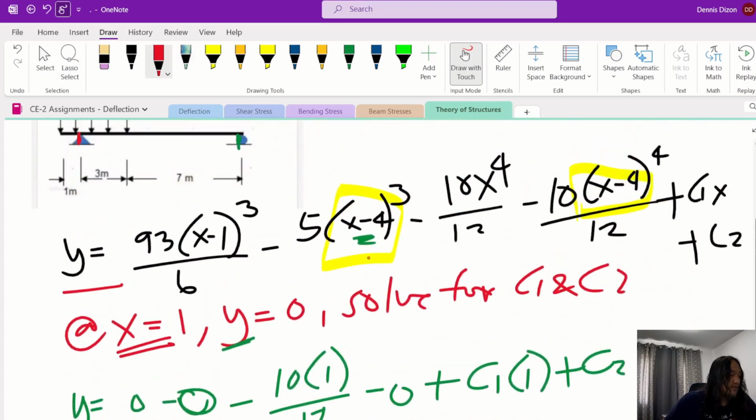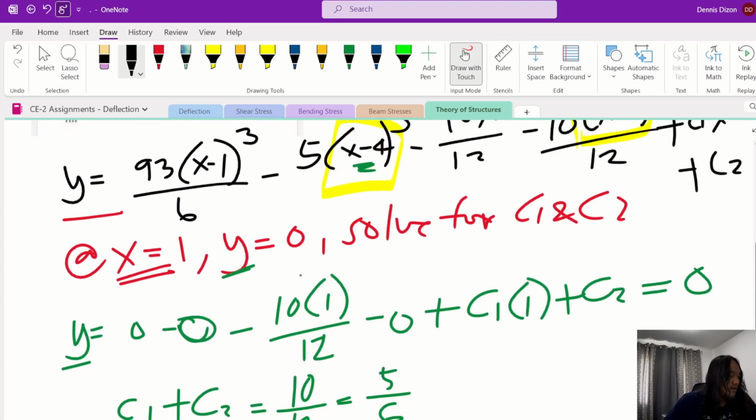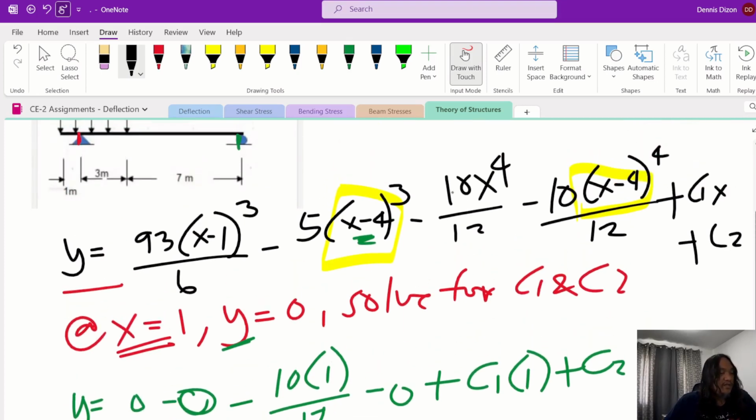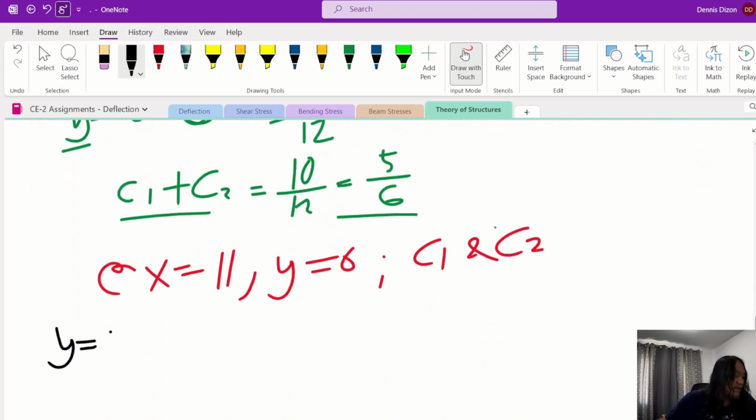So we will substitute y equal to 0. Now this time our term x minus 1 will yield a positive value, then we will consider everything. Since this one here is also minus 4, so 93 times x minus 1.